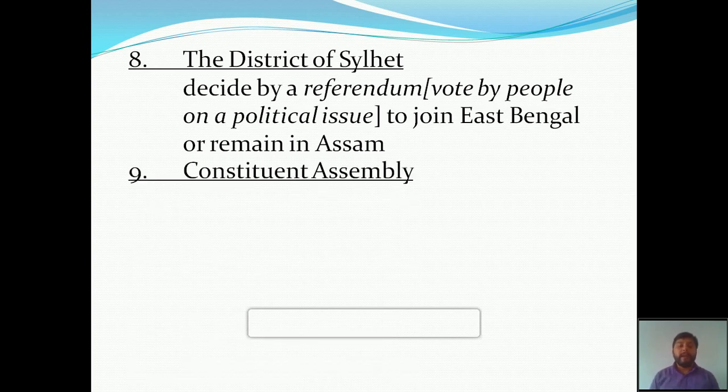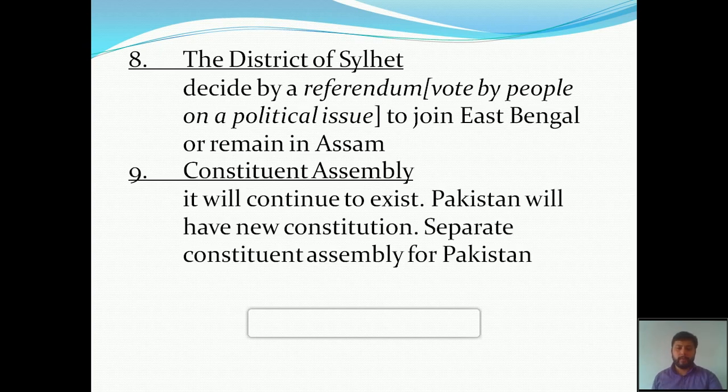And finally the ninth one is about the Constituent Assembly. During 1947, when all these discussions and problems were going on, there was already a constituent assembly existing in India. So that's what is meant by it will continue to exist. And this constituent assembly will be framing a constitution for India.